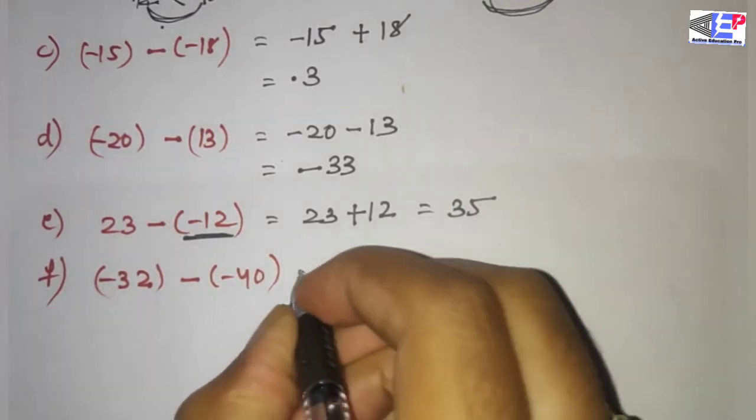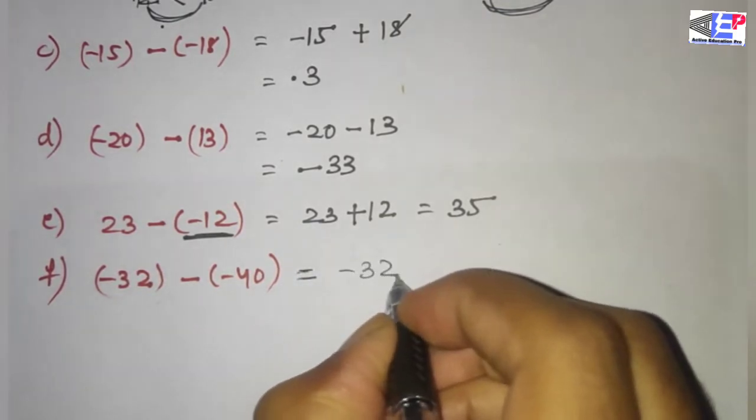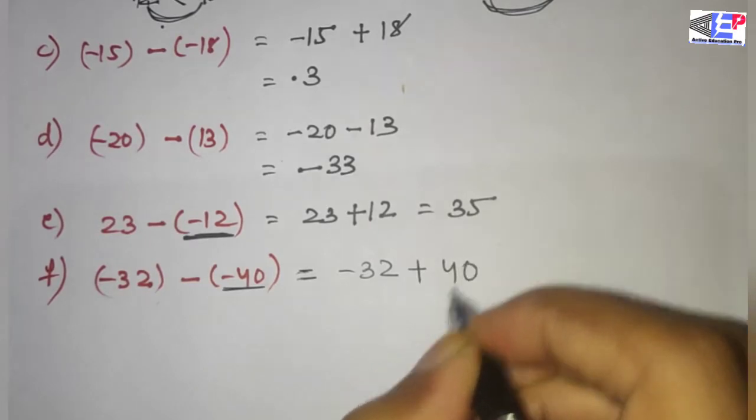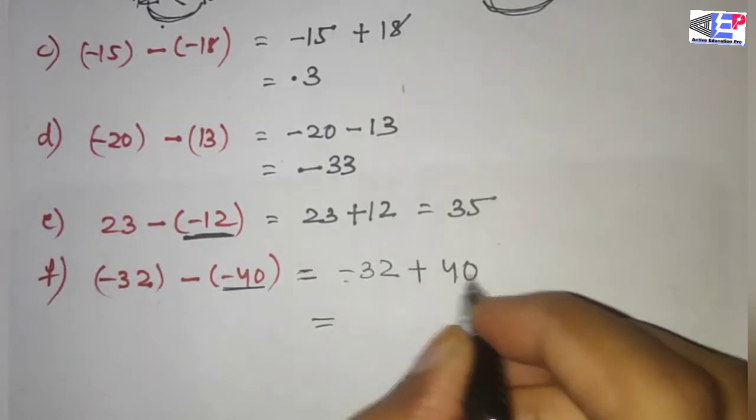Whatever it may be, first you have to change the sign of the integer which is to be subtracted from the other number. So here minus 32 and this is minus 40. Then this becomes plus 40, and now your answer is minus 32 plus 40.